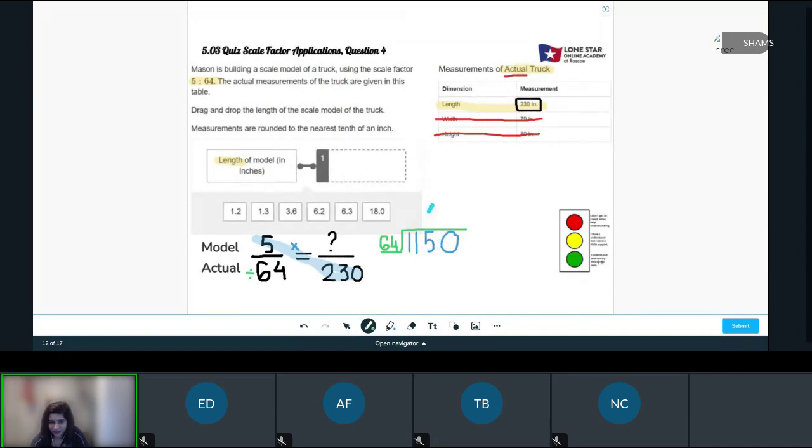You will get an answer of 17.968 and so on. You will notice that you can round it to 18. So 18 is the one that you should drag in the box.